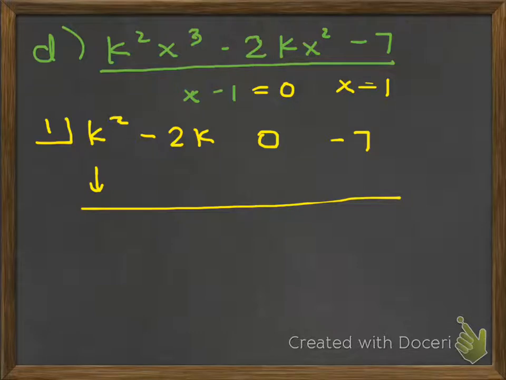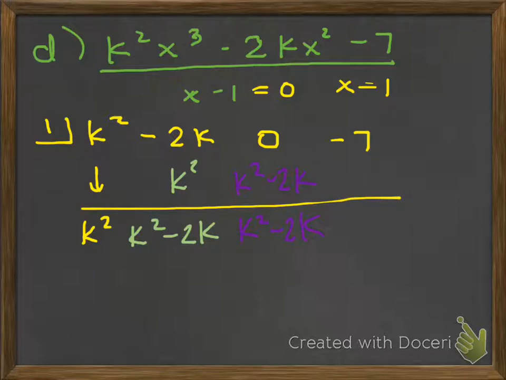So I drop my k squared. And 1 times k squared will give me k squared. And when I add these, I get k squared minus 2k. And I do that process of multiply, add. So 1 times k squared is still k squared. 1 times minus 2k is minus 2k. So add these, k squared minus 2k.